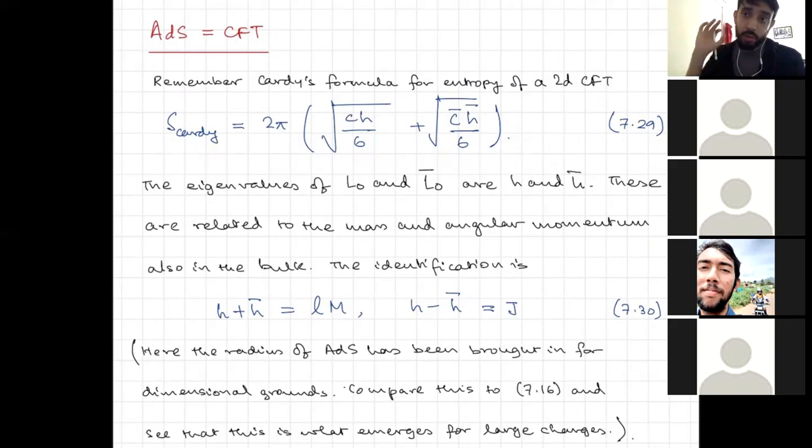So the black hole, if you wish, is dual to a highly energetic state. It's dual to something on the field theory side, and again, it's a very natural thing to associate the mass and angular momentum of the black hole with the corresponding high energy state in the field theory. And so h plus h bar is going to be given by L times M, and h minus h bar is going to be J.